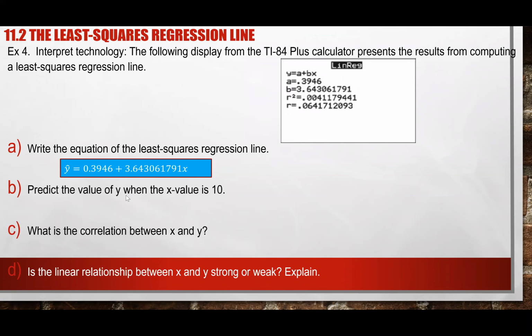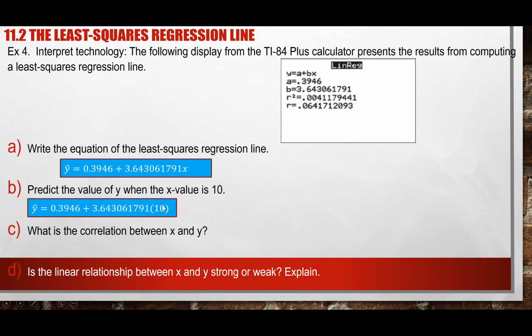Now, how do we predict the y given the x value is 10? Well, to predict the y, all we need to do is plug in the 10 where you see the x, right? Your equation of the line is 0.3946 plus 3.6430x.